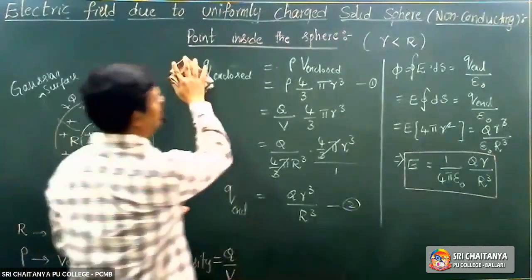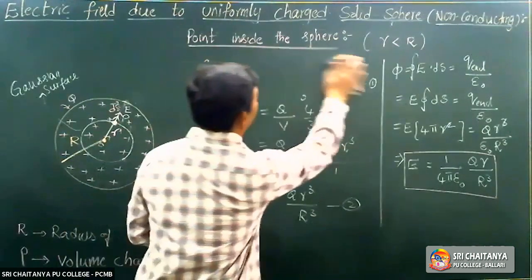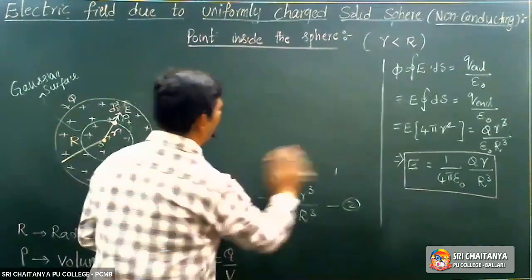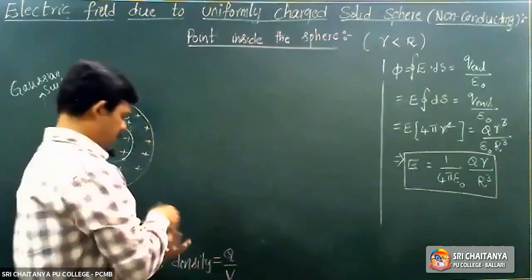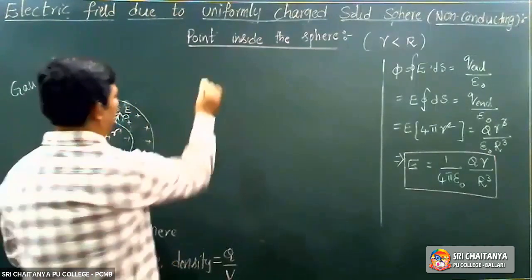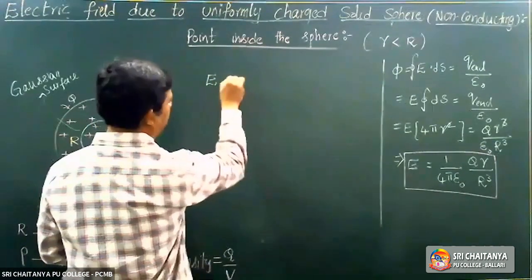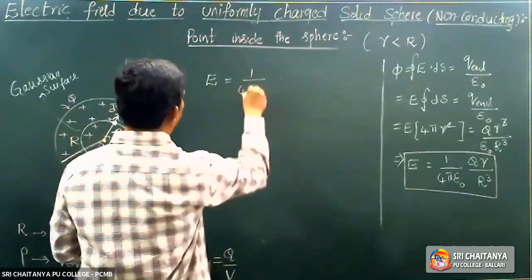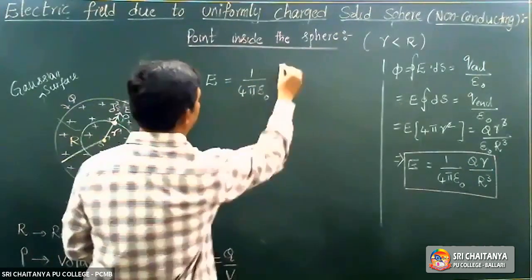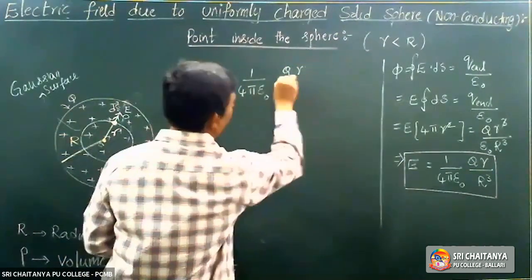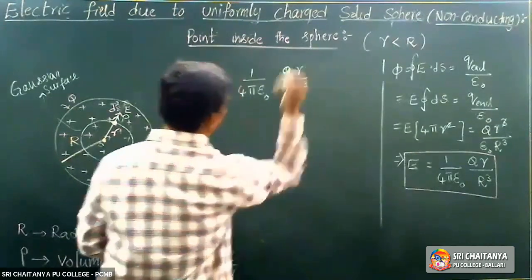See what you have. E is equal to 1 by 4 pi epsilon naught Q r by R cube.